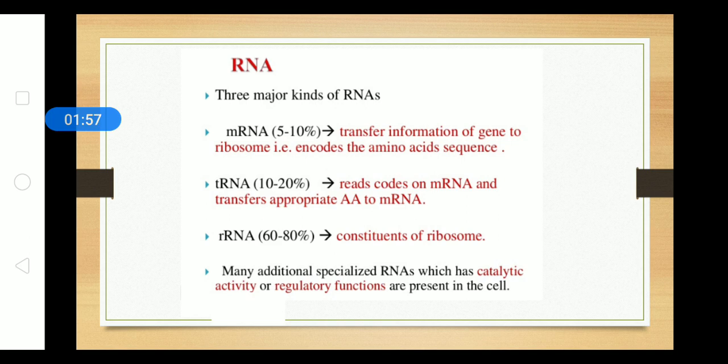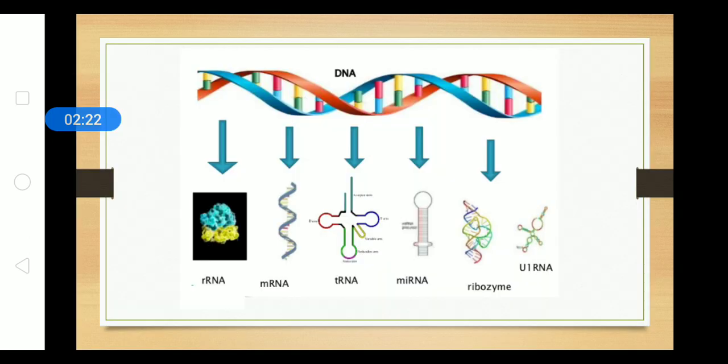The tRNA is very necessary for completion of the process of translation, which will be discussed in our next class, while mRNA is useful for the messenger function, or you can simply say transmission of messages. The rRNA is a constituent of the ribosome which also helps in the cellular process. In this picture you can see several types of RNA which we have discussed.